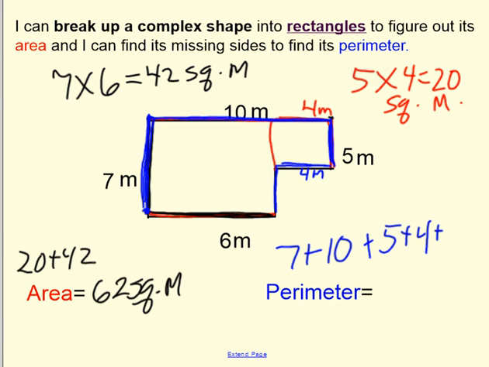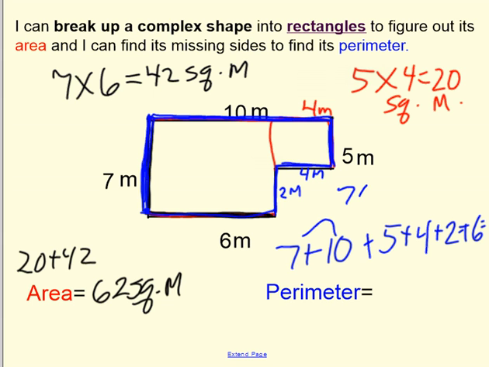They know that 5 plus 2 will equal the 7, which is on the other side. So we have 7 plus 10 plus 5 plus 4 plus 2. And then they have this part, and they don't need to find any other missing side, plus 6. And this will equal the perimeter of this shape.